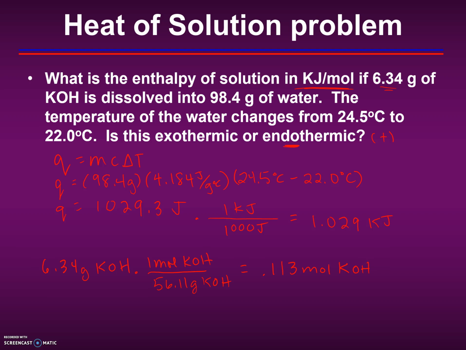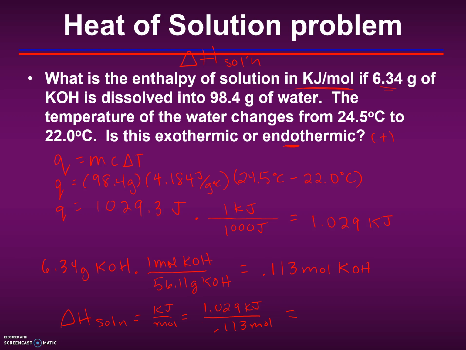My enthalpy of solution, delta H of solution, is what I'm looking for. So delta H of solution needs to be in kilojoules per mole. Well, the number of kilojoules that I used was 1.029. The number of moles that I used was 0.113 moles.